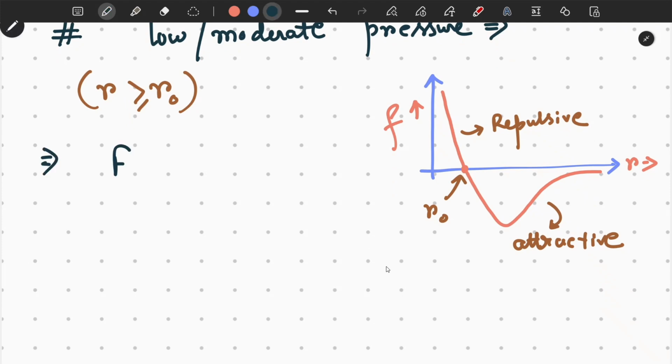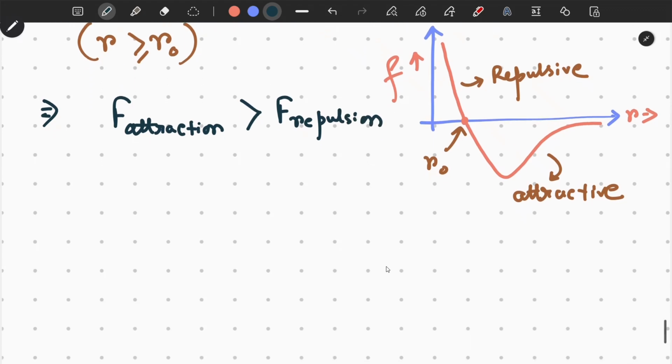Here the attraction should be greater than the repulsion, because the total force is attractive. If attraction is more, that means the pressure will be less. And this region, where R tends to infinity, is the very low pressure region.